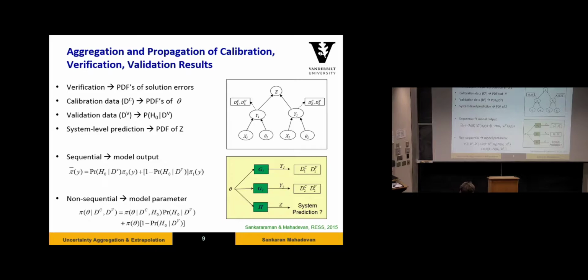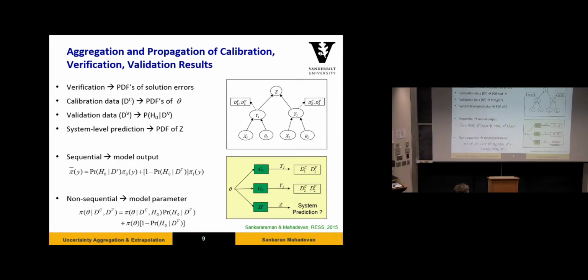Another way, which is also quite often the case, and in fact the one that I showed you before, is where I have modeling and testing at one level, and then modeling and testing at maybe a higher level of complexity. And so the question is, how do I assess the posterior distribution of theta that I should use for my system level predictions? In that case, from one level, I can take the posterior from the calibration and multiply that by the validity of the model, because you remember, the posterior of your calibration depends on what model you used for the calibration.